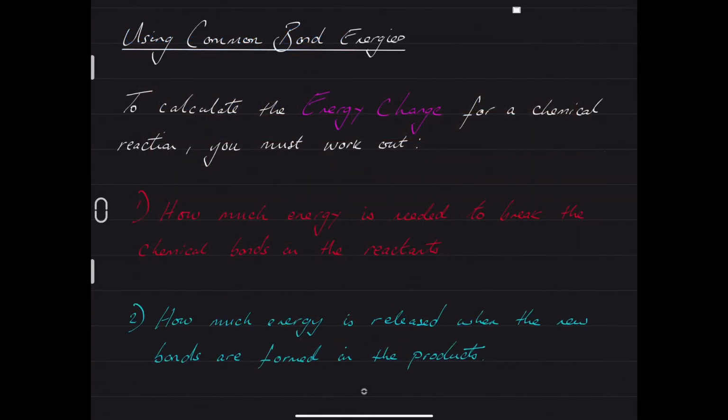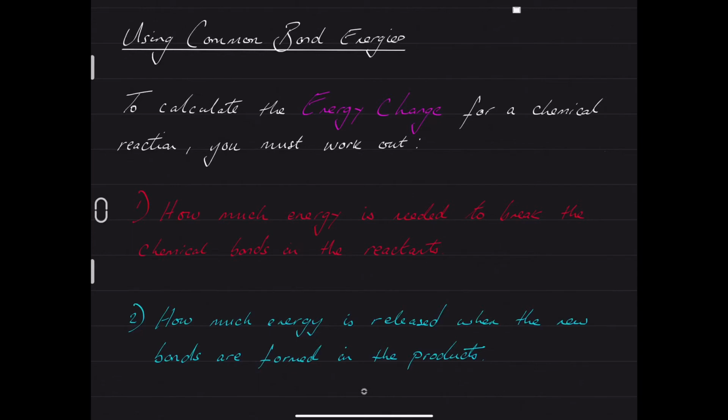Now, how do we use these bond energies to actually calculate the energy change? So what we say is that to calculate the energy change for a chemical reaction, we must do two things. First, we must work out how much energy is needed to break the chemical bonds in the reactants.